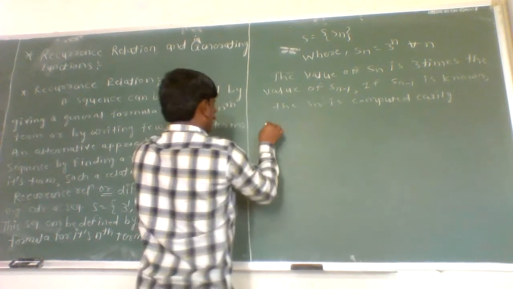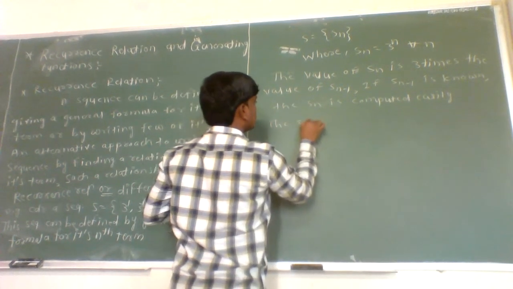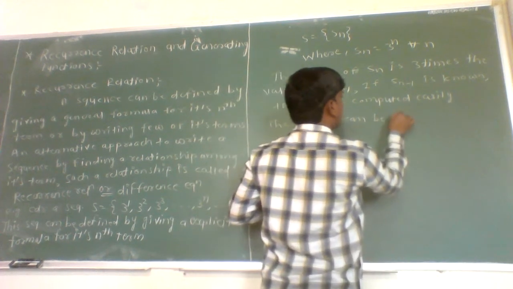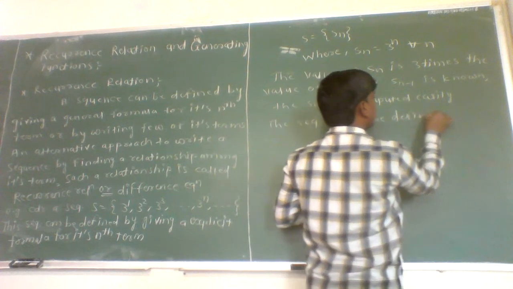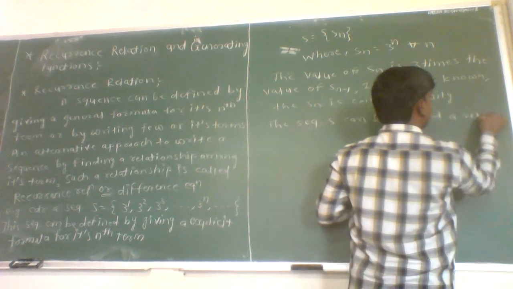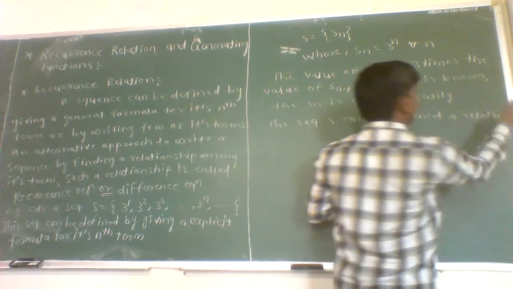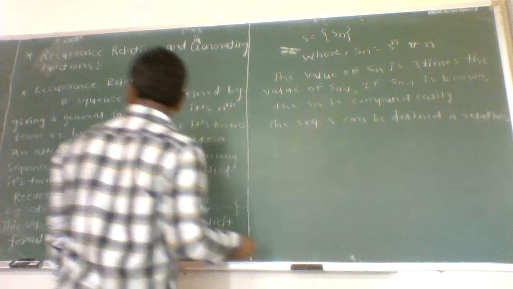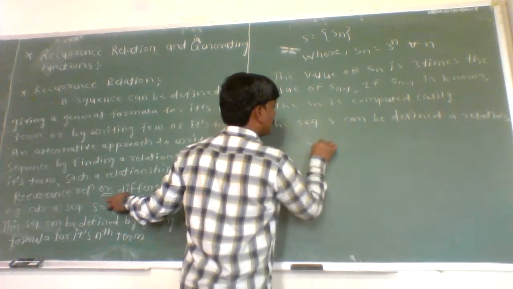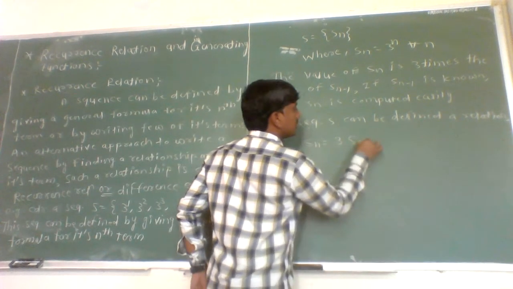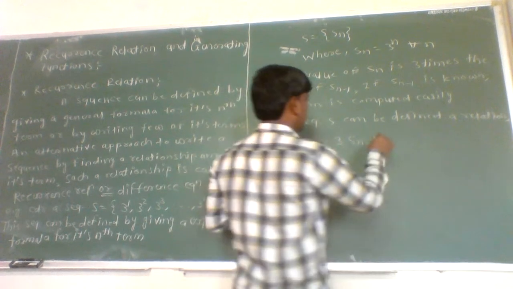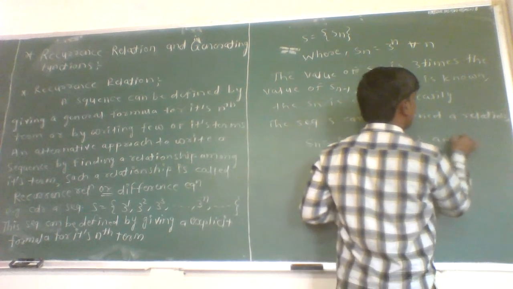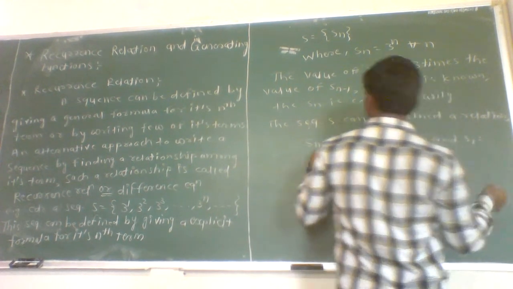Okay. The same sequence S can be defined by another relation: S_n equals 3 times S_(n-1), where n is greater than or equal to 2, and S_1 is equal to 3.